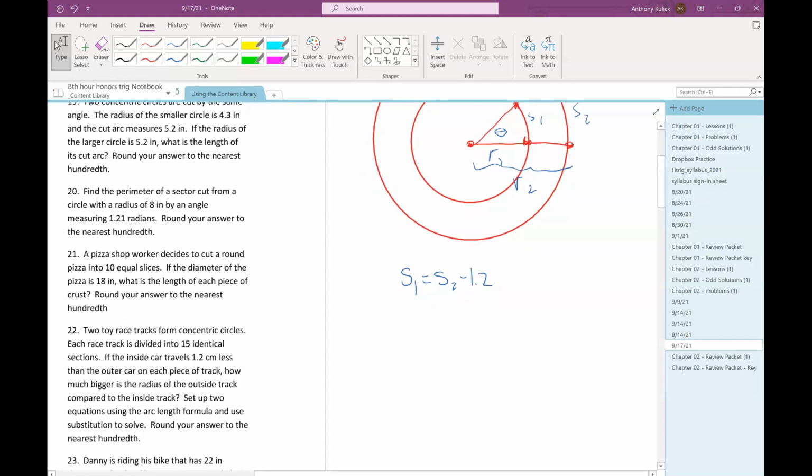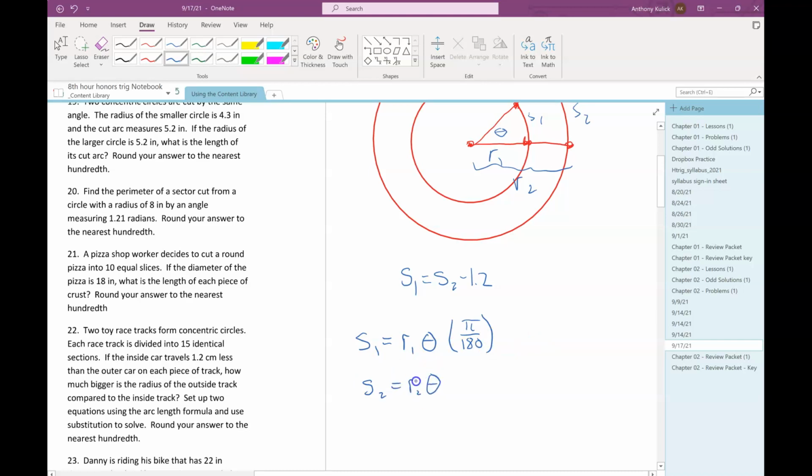Set up two equations using the arc length formula and use substitution to solve. Okay, well, I guess I'll just do this, and I'm going to plan on finding my angle in degrees, so I'm just going to use that version.